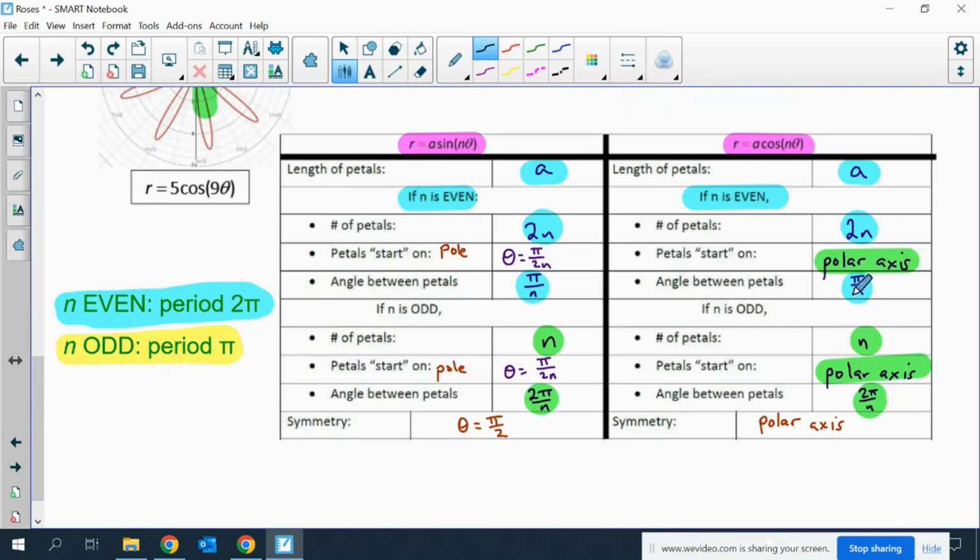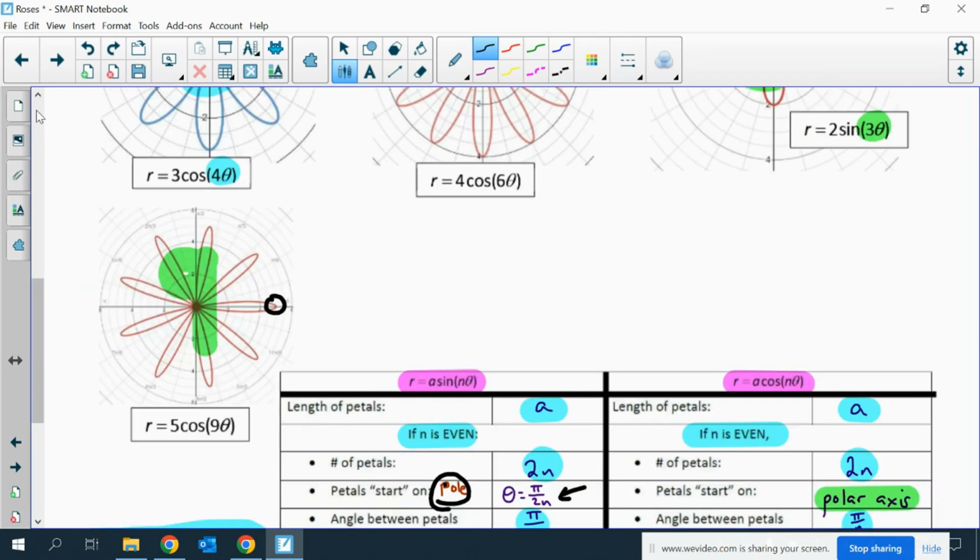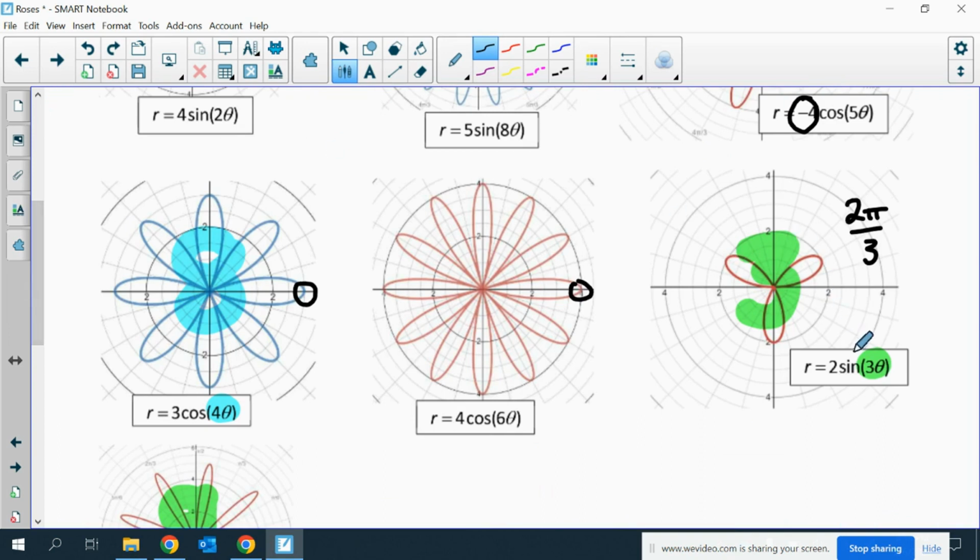But the sine graphs, they don't start on the polar axis. They technically start on the pole. So when theta is 0, they're right on the pole. But your first petal starts at theta equals pi over 2n. And that happens whether it's even or odd. So, for example, in this one, we have 2 sine 3 theta. This starts at pi over 6. So 2 pi over 3 is between each petal, and pi over 6 is our start.